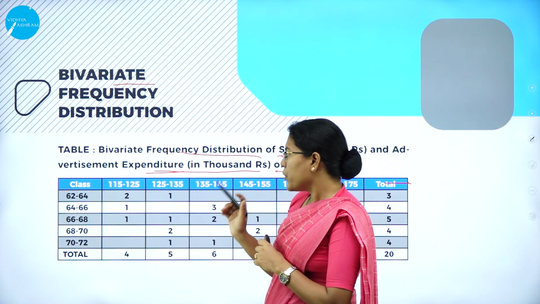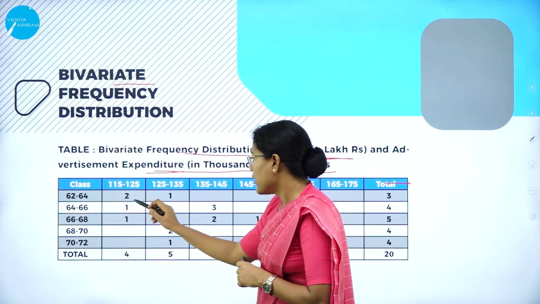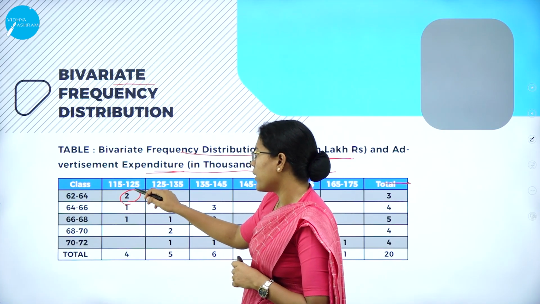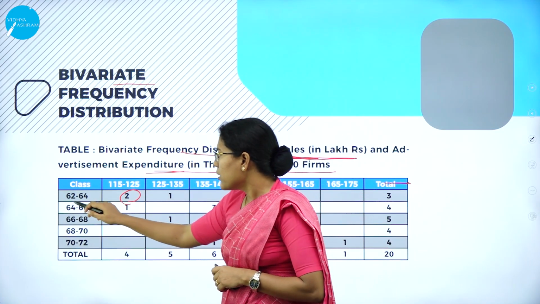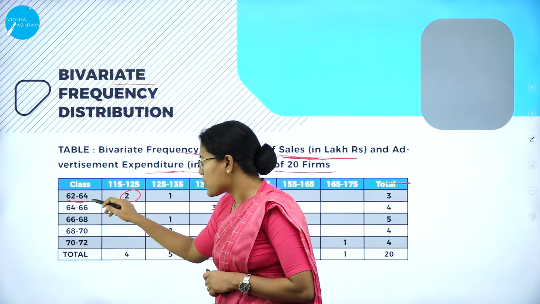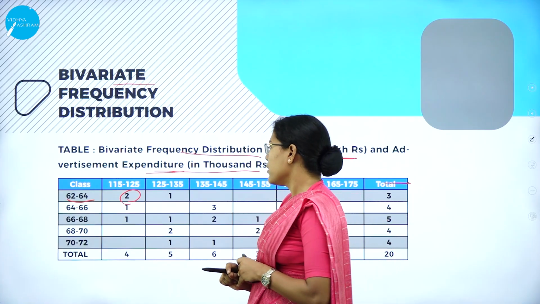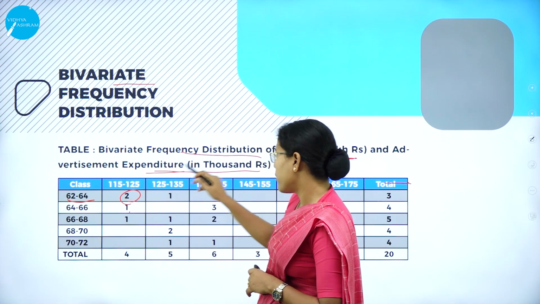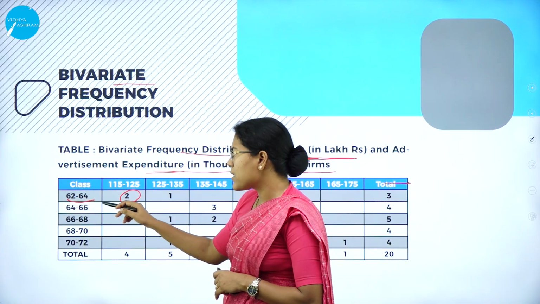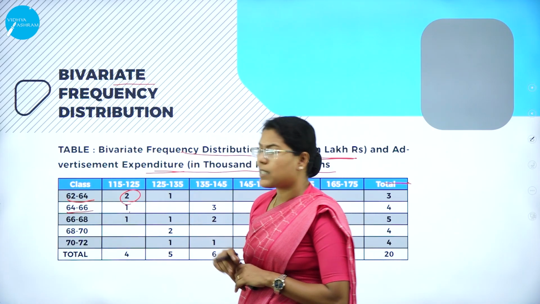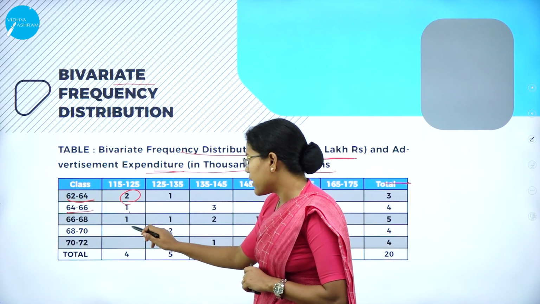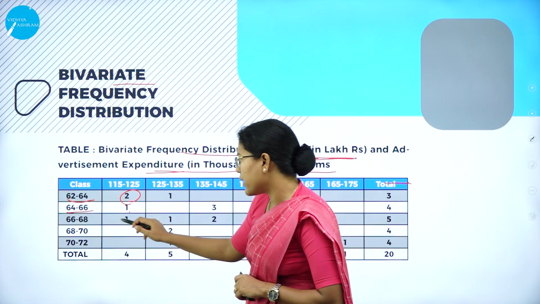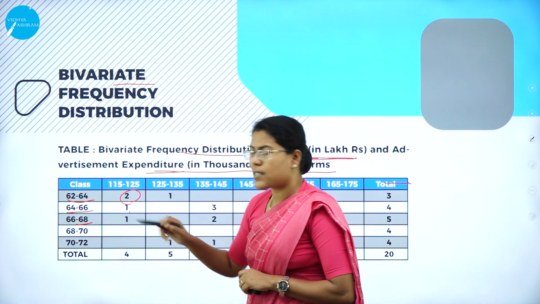Out of 20 firms, there are two firms whose sales range from 115 lakhs to 125 lakhs, and they are spending 62 to 64,000 on advertisement. Then there is one firm with sales from 115 lakhs to 125 lakhs spending 64,000 to 66,000. Next, there is one firm with sales from 115 lakhs to 125 lakhs and advertisement expenditure from 66 to 68,000.